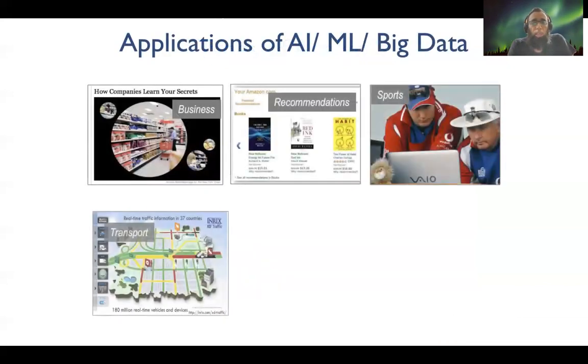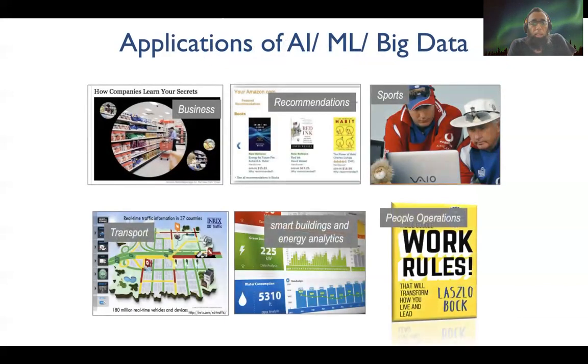Let me show you some applications of AI, ML, big data. Companies make use of AI and machine learning in business. They look for how people have been using their products, and they make predictions, and then they make their strategy accordingly.